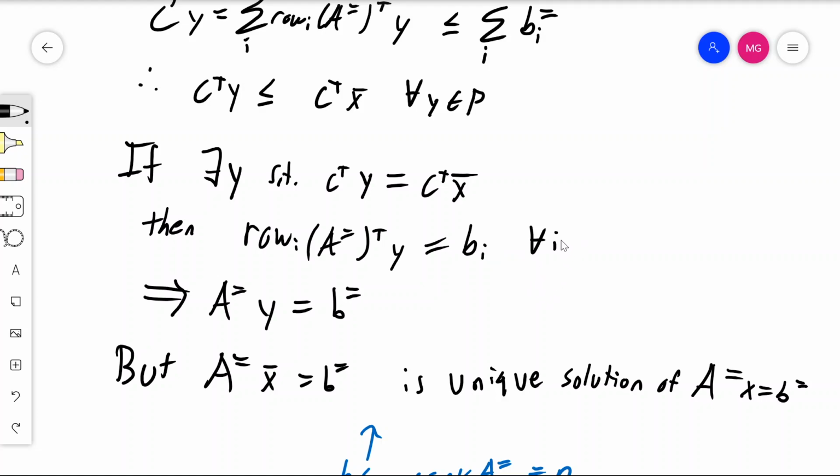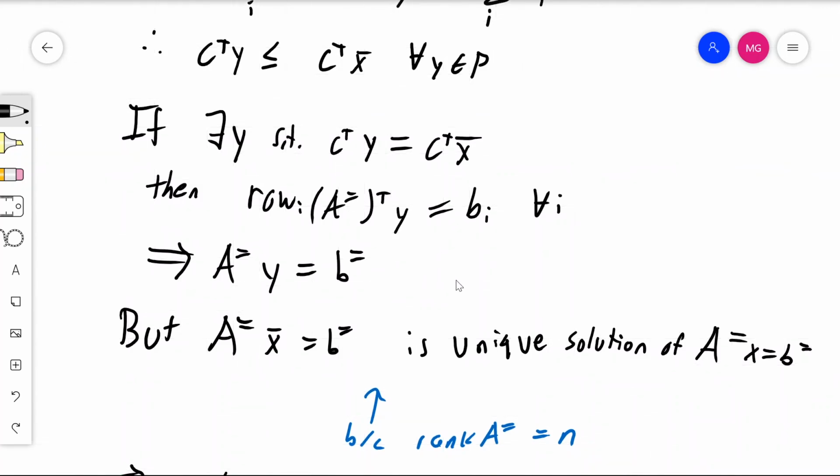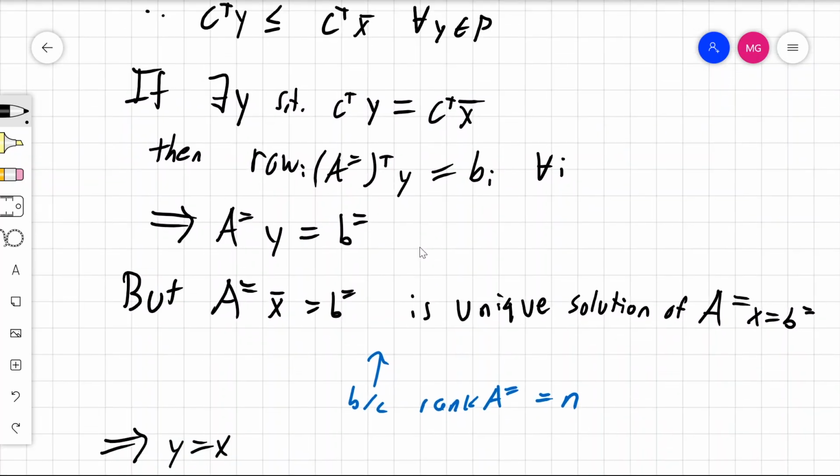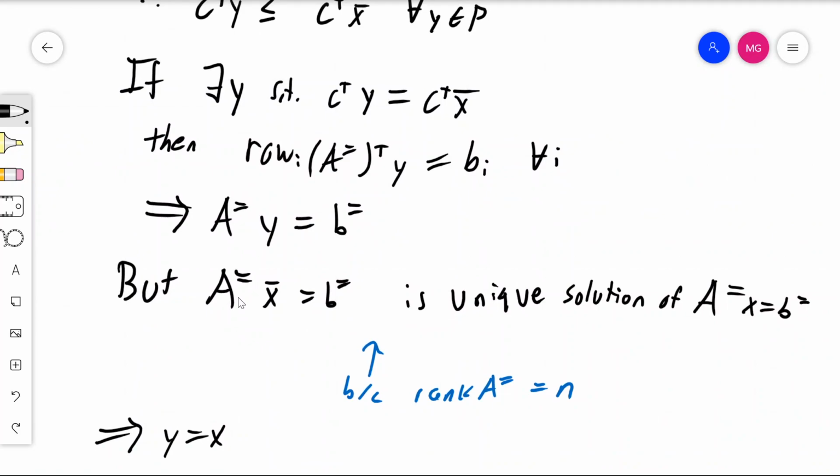When I say all i here, what I mean is all the indices i corresponding to the rows of the matrix of tight constraints. So we have A equality times y is equal to B equality because each of these individual equalities hold. But we know that x bar is the unique solution of A equality x equals B equality, and that's because the rank of that matrix is n.